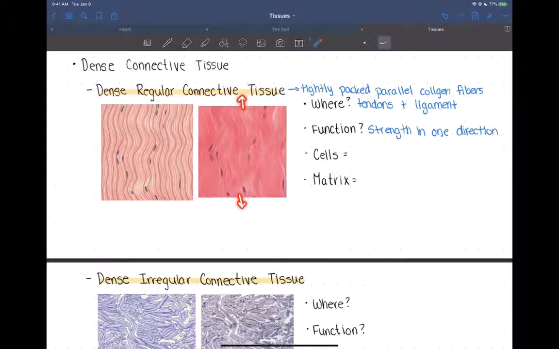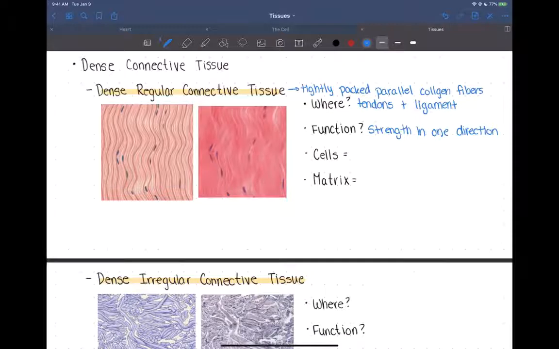When you make slides to look at on your microscope, it's usually cut on either side, and so those collagen fibers recoil and get this wave to them. So that's one way to tell you're looking at dense regular versus smooth muscle, which we'll talk about later. Okay, so found in tendons and ligaments, and it provides strength in one direction.